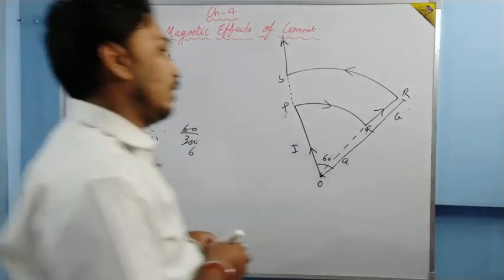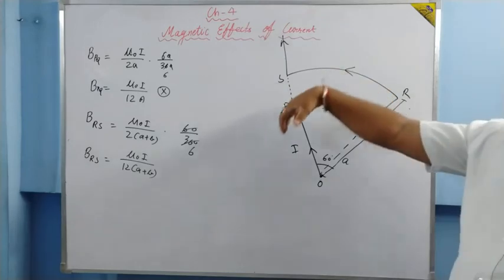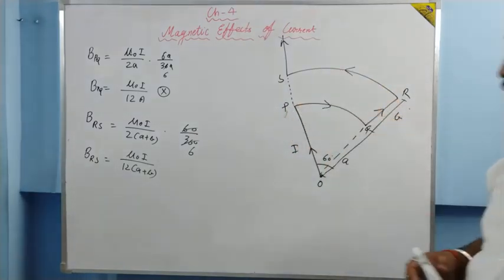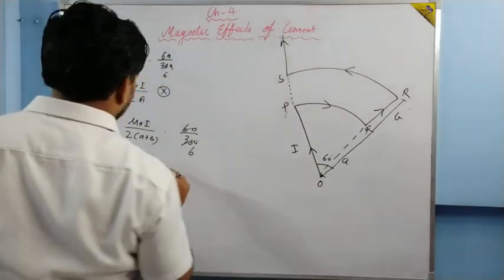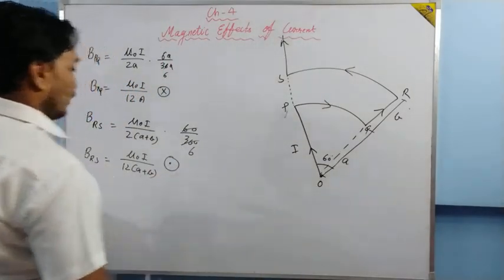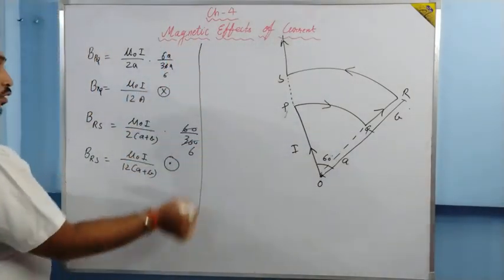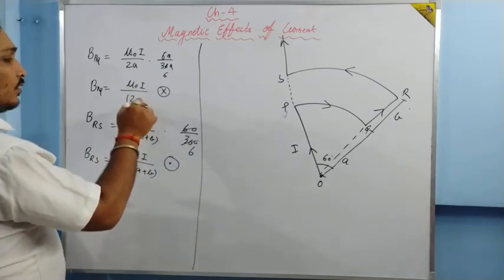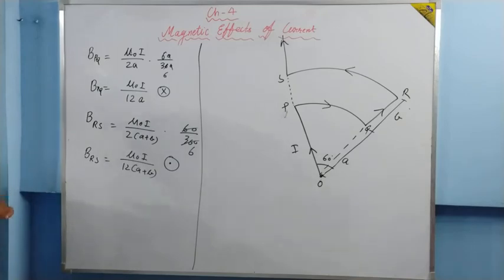Now the current is flowing in this direction. Just curl a finger. Extended thumb is outward. So basically this magnetic field is outward. Obviously this magnetic field will be smaller, as the radius is larger than a. Okay, so what we'll do?